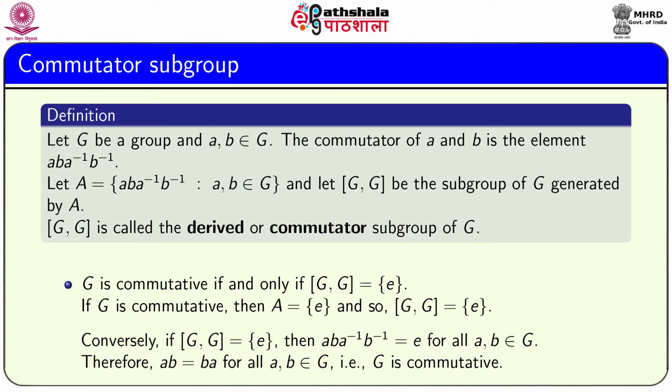On the other hand, if the commutator subgroup is the identity, then a b a inverse b inverse is equal to e for all a, b belonging to G, thereby giving a b equal to b a for all a, b. So, that means G is commutative.